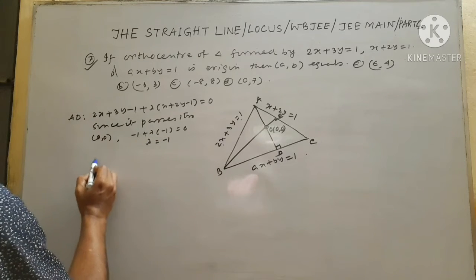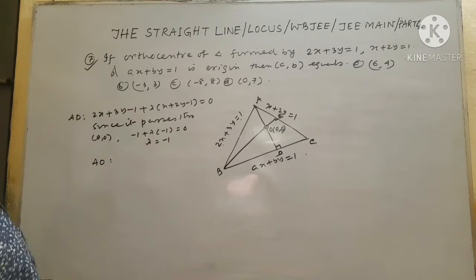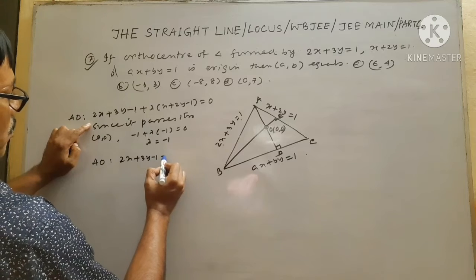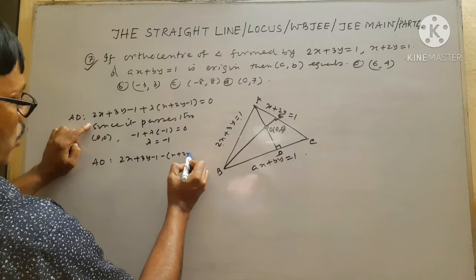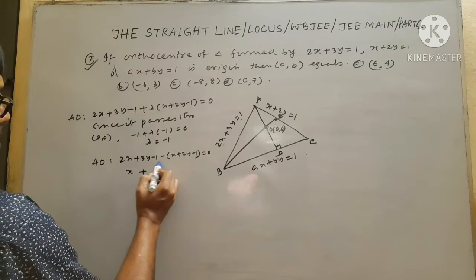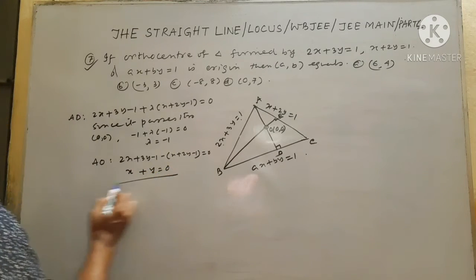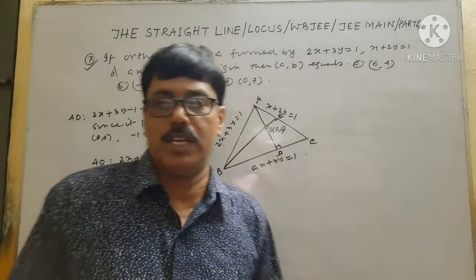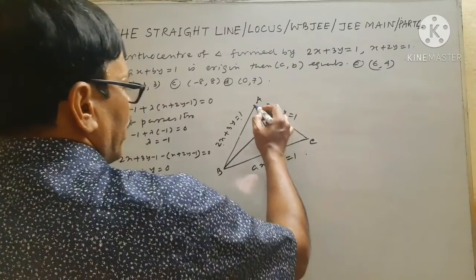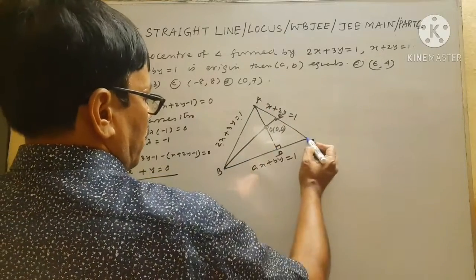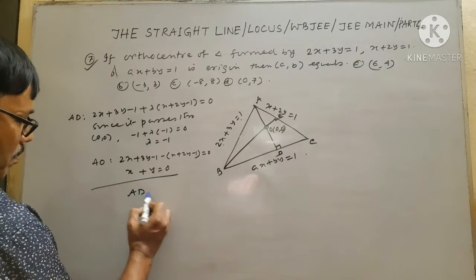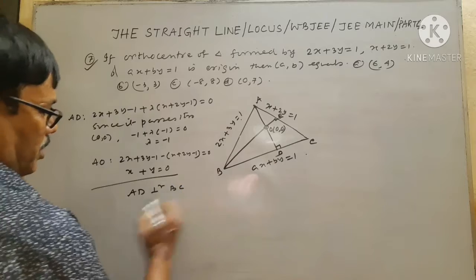So what is AD? (2x + 3y - 1) - (x + 2y - 1) = 0, so this is x + y = 0. That is the equation of AD. Now look, AD is perpendicular to BC.